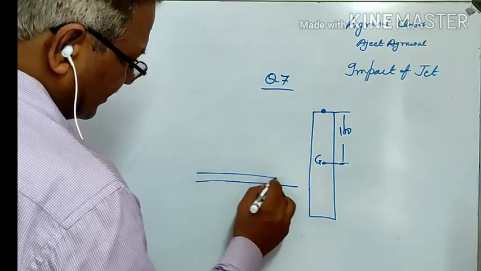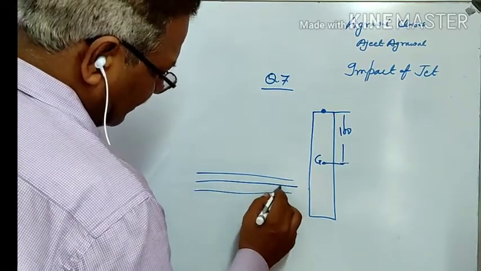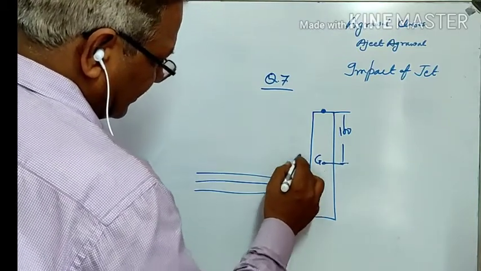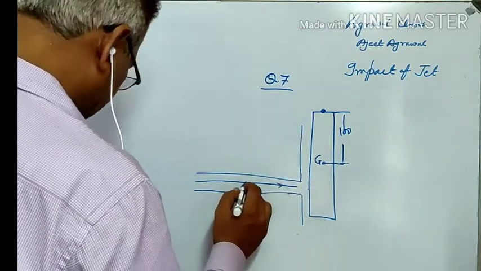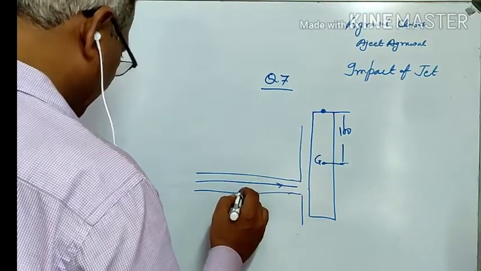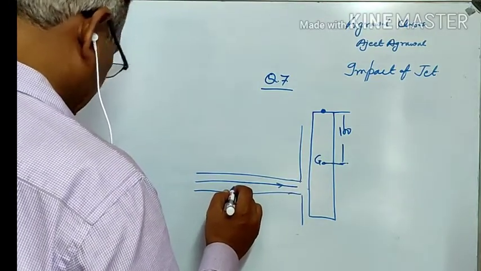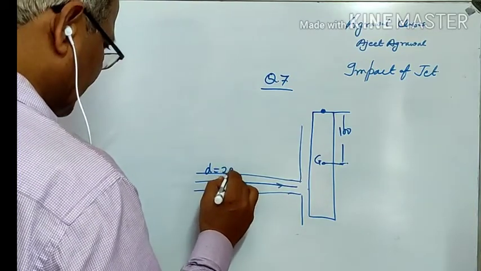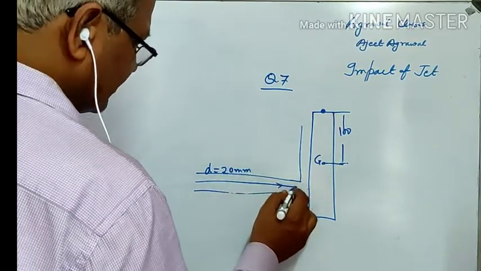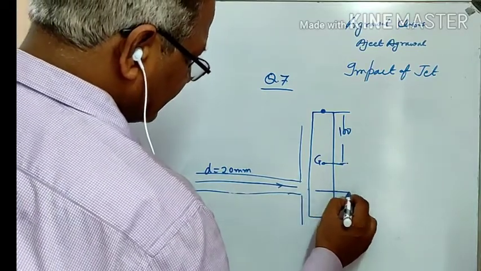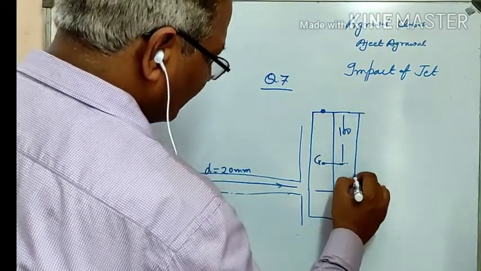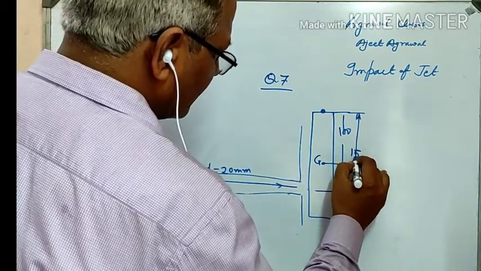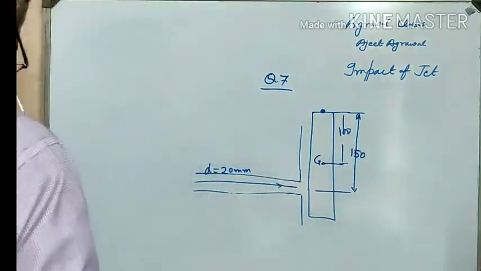The jet is striking perpendicular to the plate and is getting deflected at 90 degree with a velocity of v, and the diameter of the jet is given as 20 mm, and this jet is striking at a distance of 150 millimeter from the hinge point.